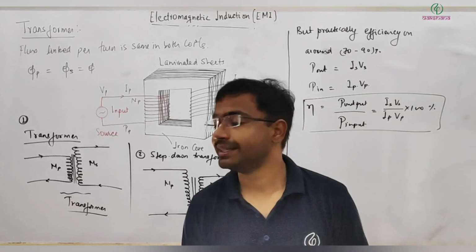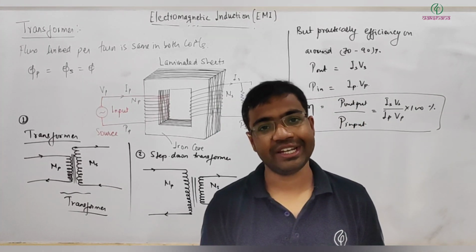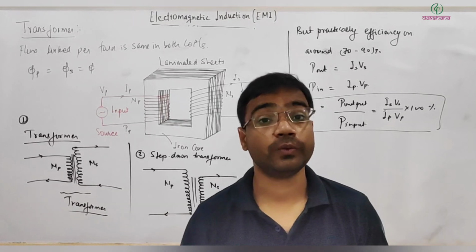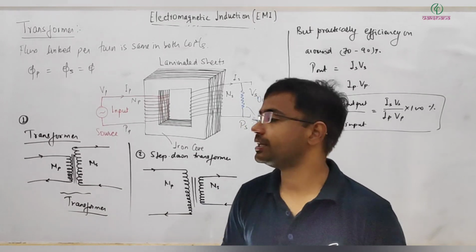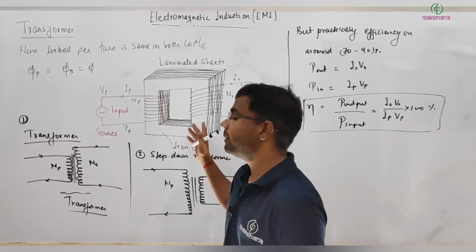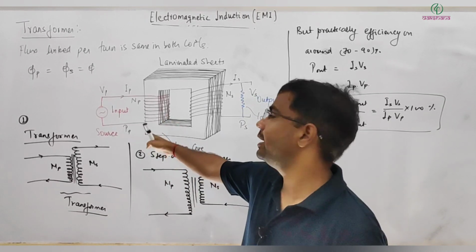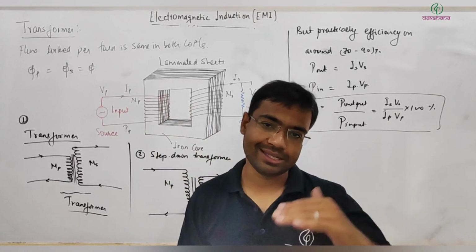I hope by this time you are clear about the transformer, what it actually is, how it works, and based on what principle. That is basically mutual inductance. Two coils are coupled magnetically, and a change in flux in one coil is linked to the other coil, and that results in EMF.